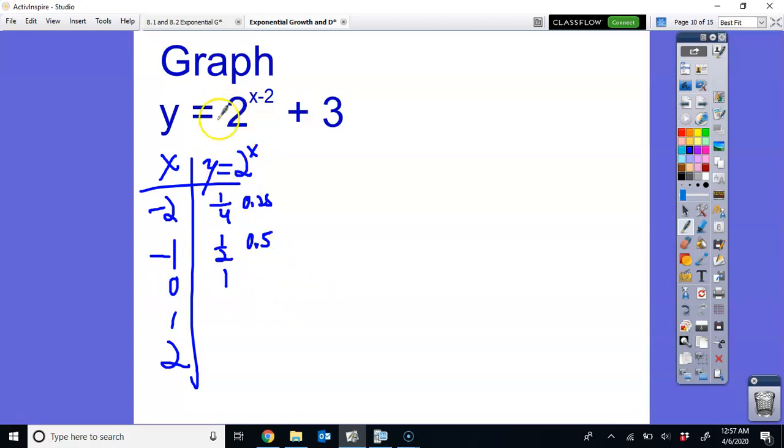Notice there's no 1 out in front of this because 1 times this would still be that. That's my beginning amount. 2 to the first power would be 2. 2 to the second power would be 4.